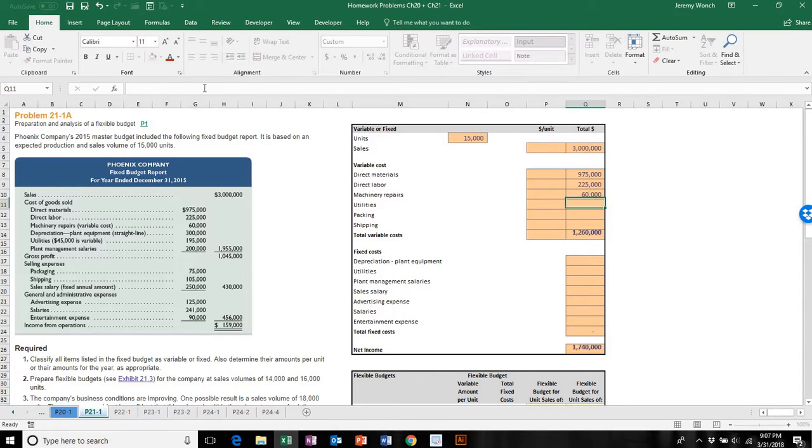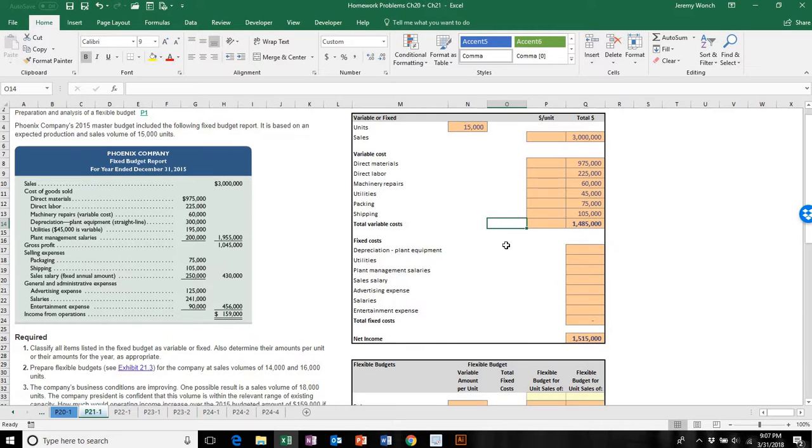Machinery is 60. Utilities says 195,000. However, 45,000 is variable, so we just want the variable portion. And then we have packing cost. Packing cost is not a product cost that goes into cost of goods sold, but it is a variable cost. So that's going to be down here. And then shipping gives us total variable cost of 1.485.